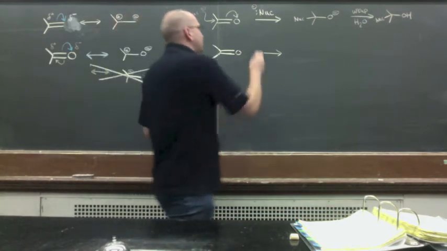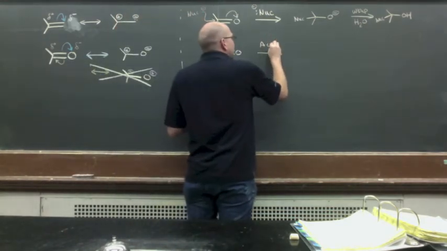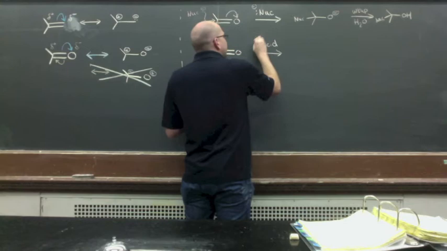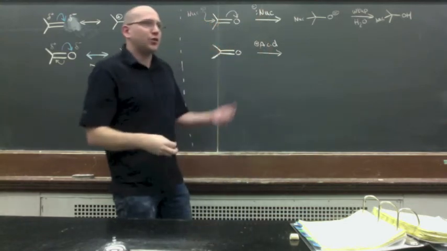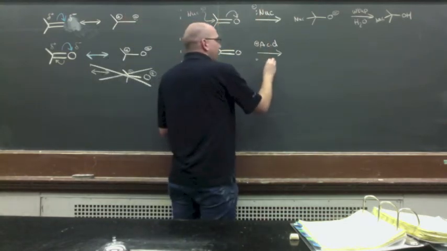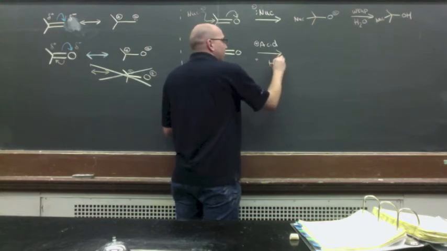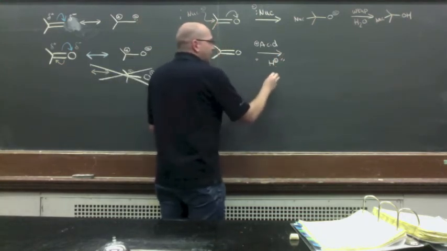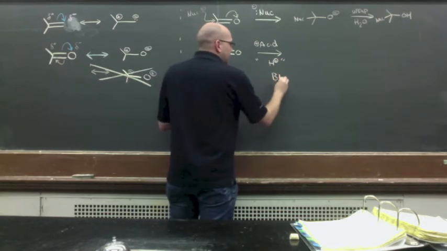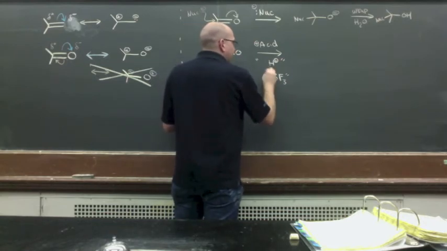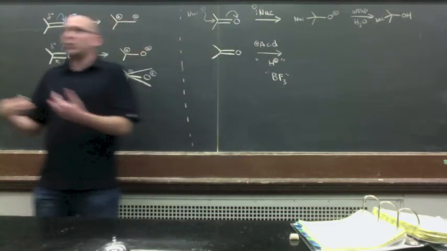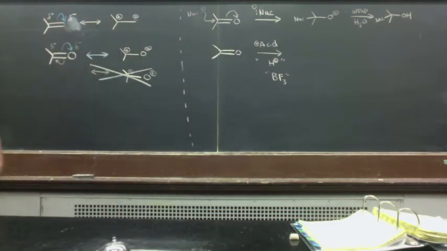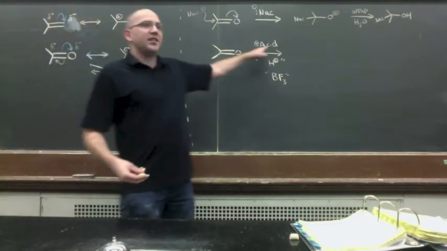And so I'll just say acid. In the same way that I said nucleophile, I'll just write acid there. And what we could be referring to is something like a Bronsted acid where we have H+, right? Or we could have, say, a Lewis acid, say BF3, right? But the point is that we've got some sort of an acid source. What's going to form the bond with that acid?